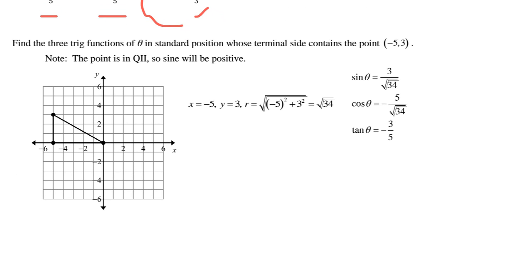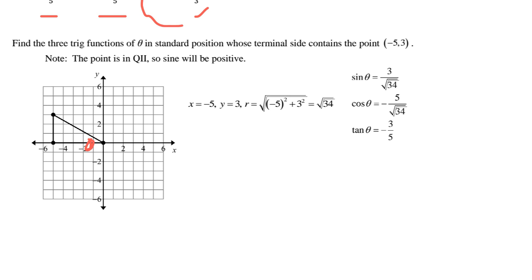So find the 3 trig functions of theta in standard position. That means theta is down here. It's inside your angle there, your small one, whose terminal side contains the point (-5, 3). (-5, 3) again is in quadrant 2.